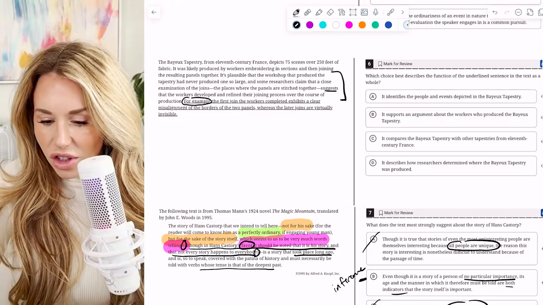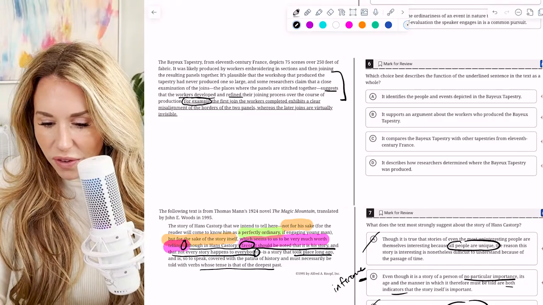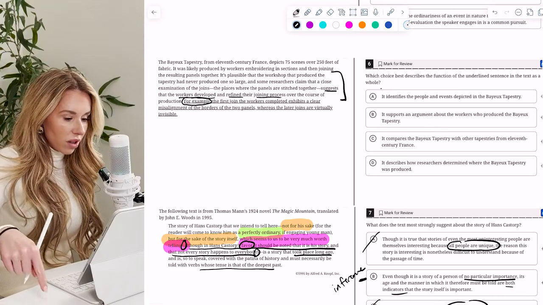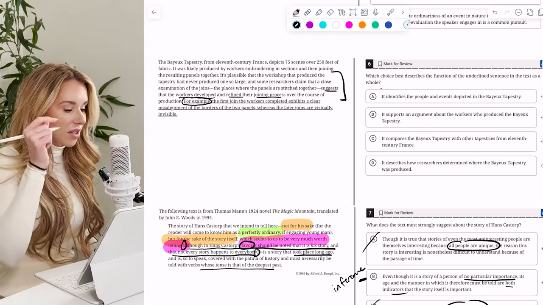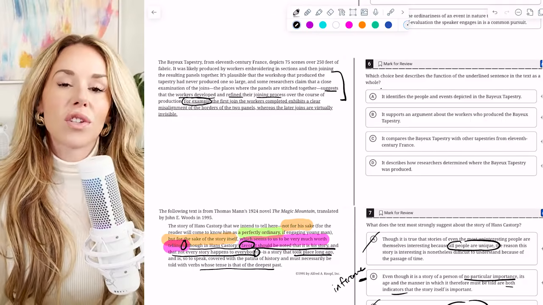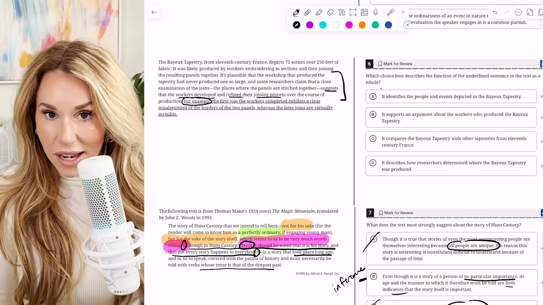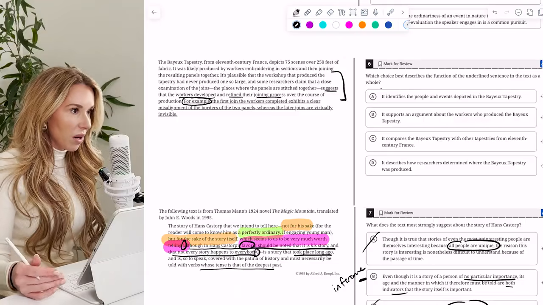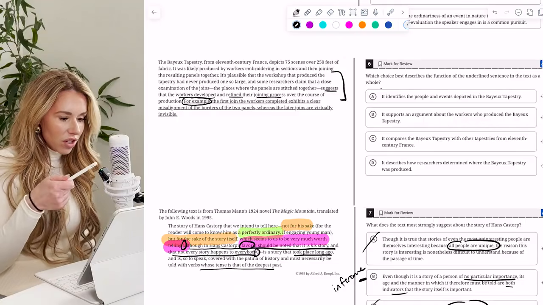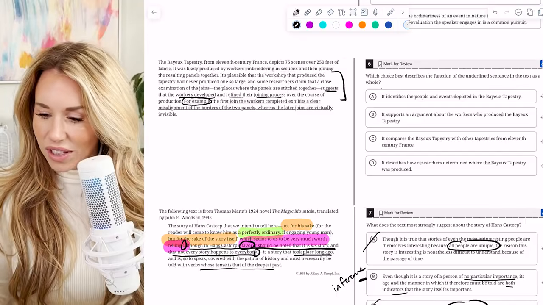Okay, so it suggests that the workers developed and refined their joining process. For example, the first join the workers completed exhibits a clear misalignment of the borders, whereas the later joins are virtually invisible. So basically, when they started out, they sucked at it, and then as they kept going and got more practice, they got better. So they gave us an example of how it showed that it got better over time.